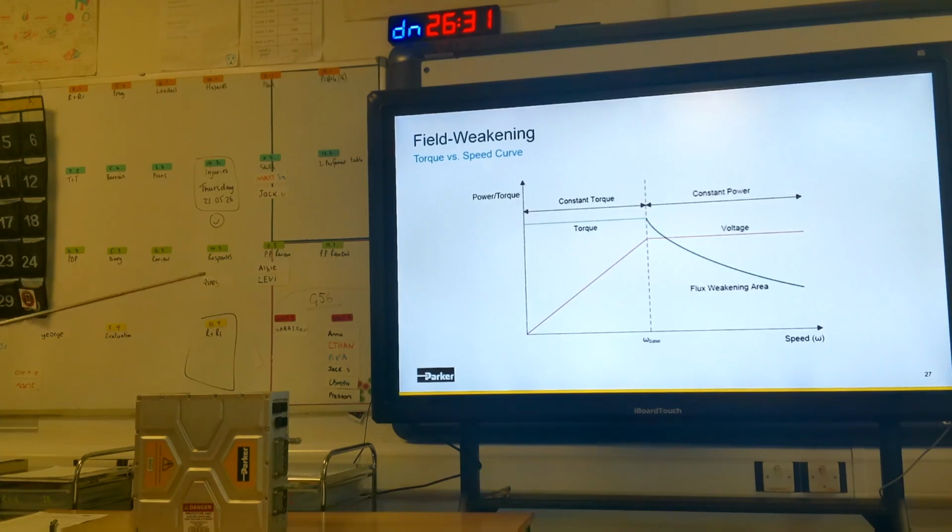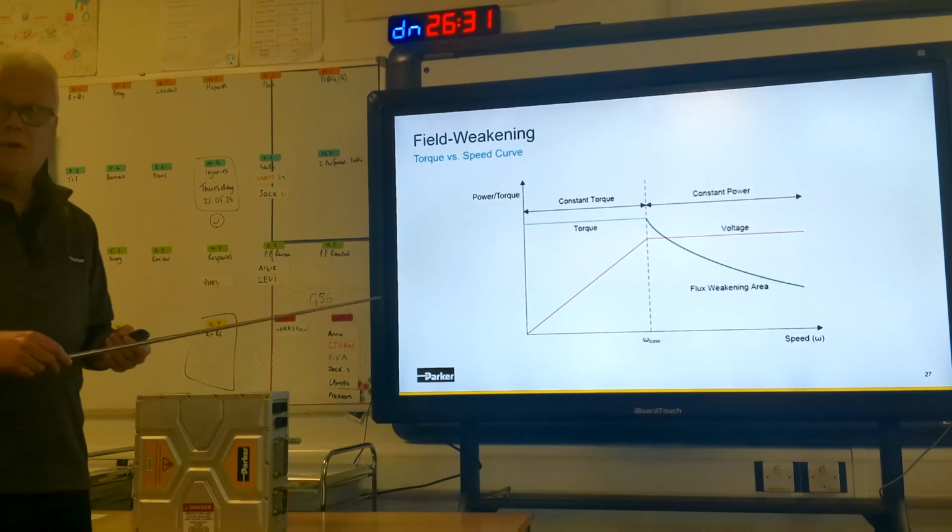If I had a separately excited DC machine with a field winding, I have more flexibility. I could, for example, reduce the field current, reduce the magnetic flux in the DC motor, reduce the back EMF, so for the same voltage, I can now go quicker.